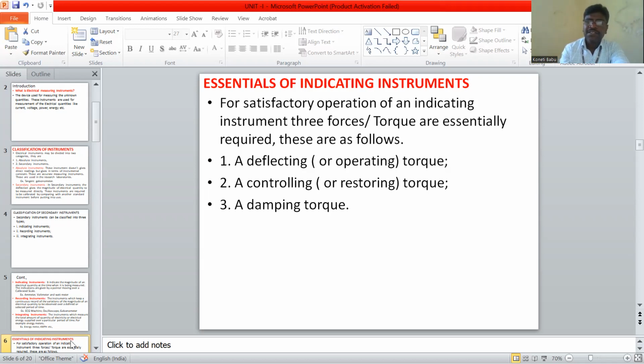The deflecting torque is also called the operating torque or starting torque. The controlling torque is the restoring torque.